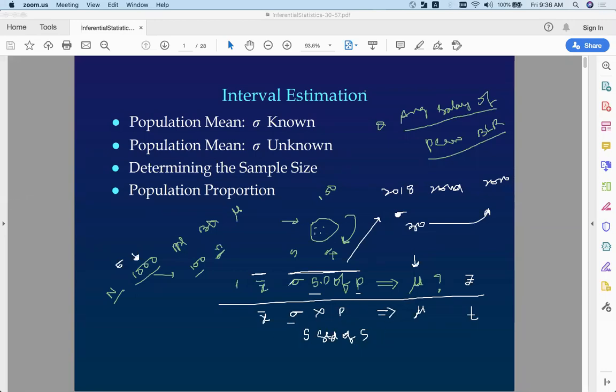We are going to use the standard deviation of this sample, which is called small s. If you do not know the standard deviation of the population, we use the standard deviation of the sample. Are these two situations clear?